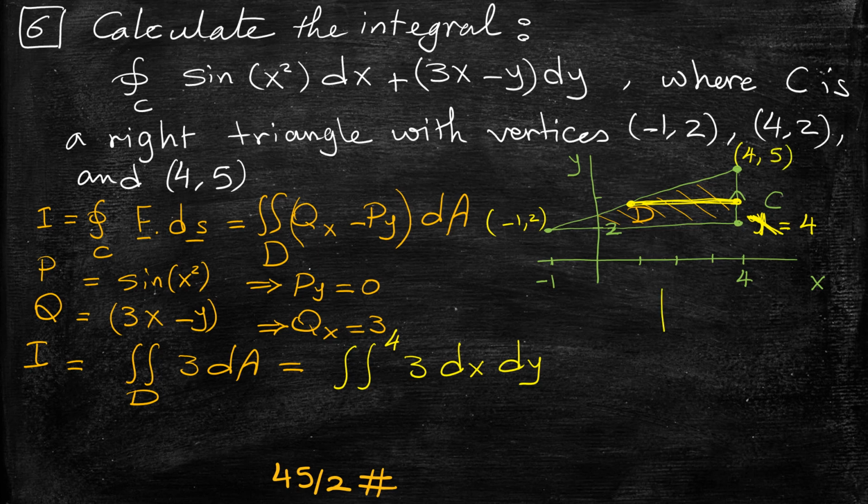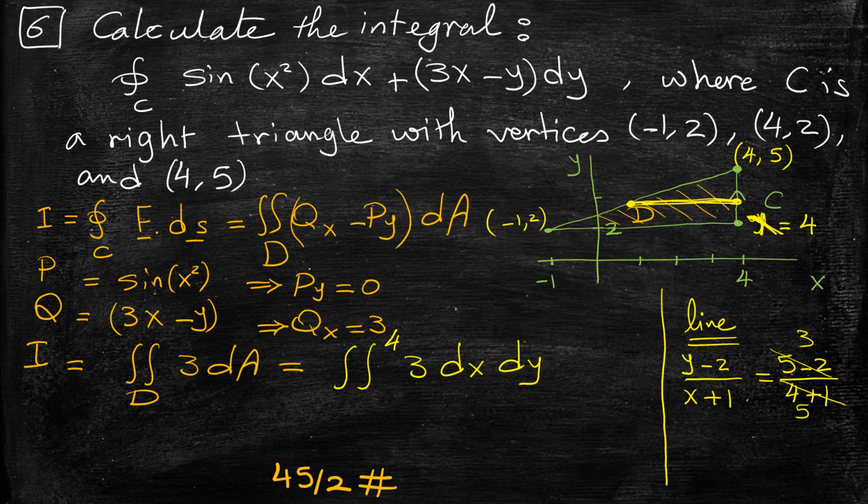To get this line equation, we have this formula: y minus 2 divided by x plus 1 equals the difference in y's, so 5 minus 2, over 4 plus 1. So this is 3 and this is 5.